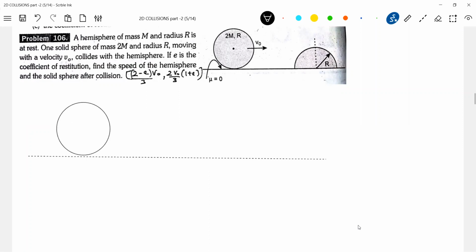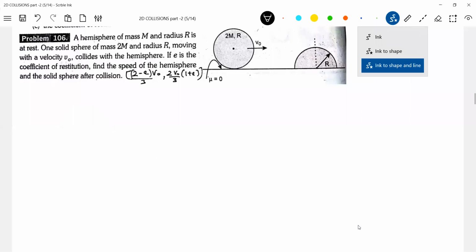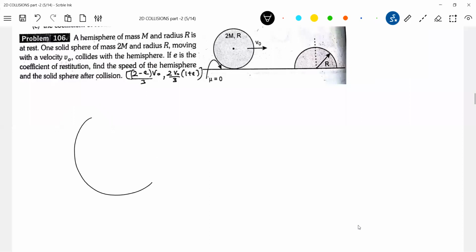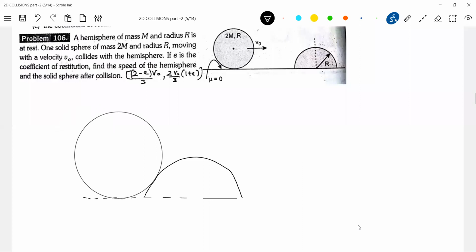They'll come in contact. Let me draw the sphere first. Hemisphere. Some rough diagram I'm bringing.